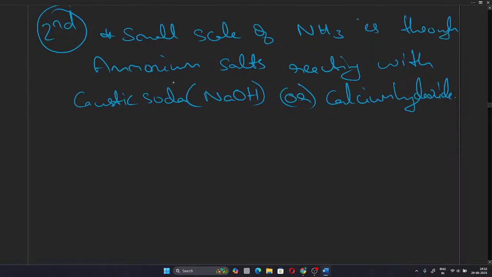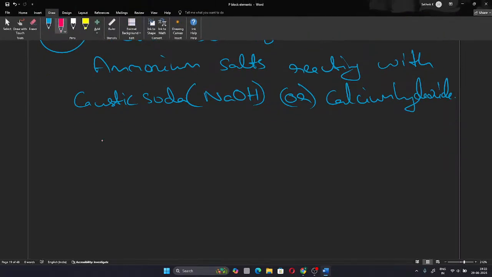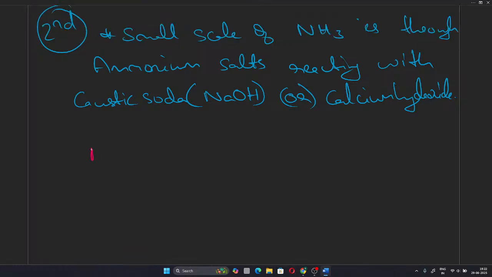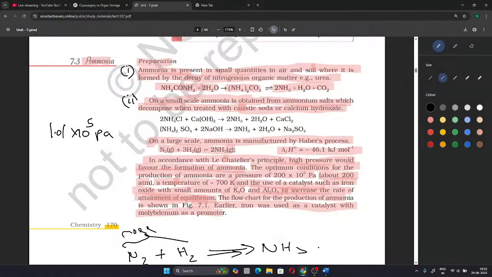The reactions are NH4Cl plus Ca(OH)2, twice, gives NH3, water and CaCl2.